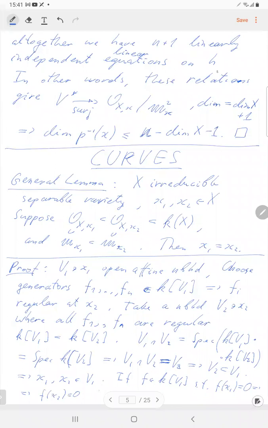Fine. It means that x2 lies in the closure of x1. Okay, but it only can happen if x2 equals x1.